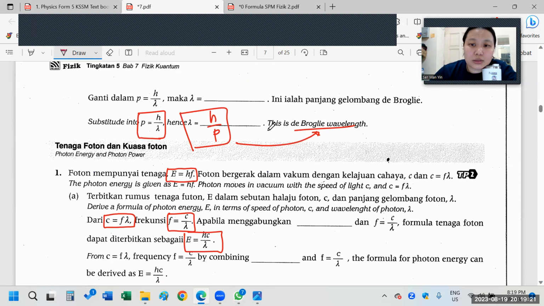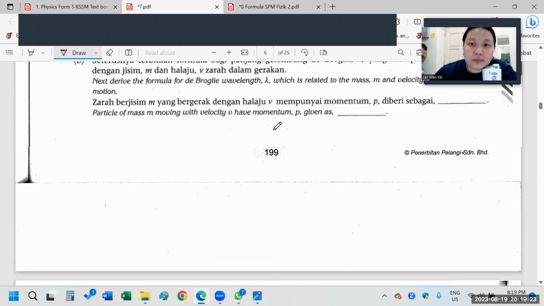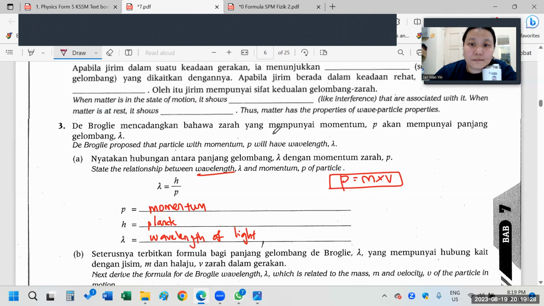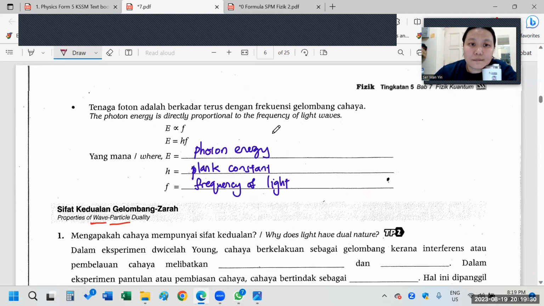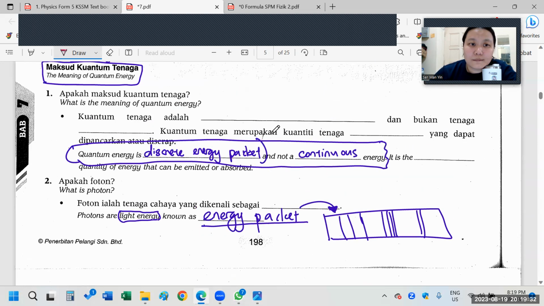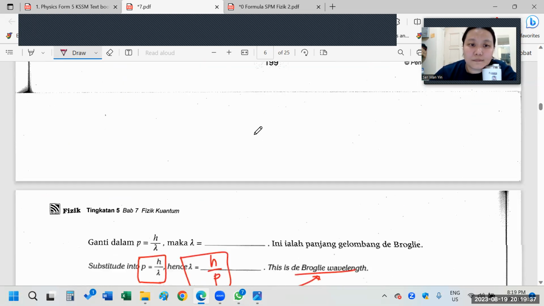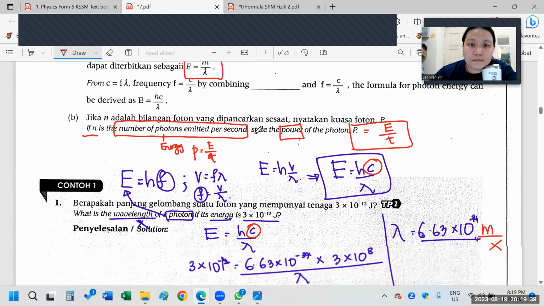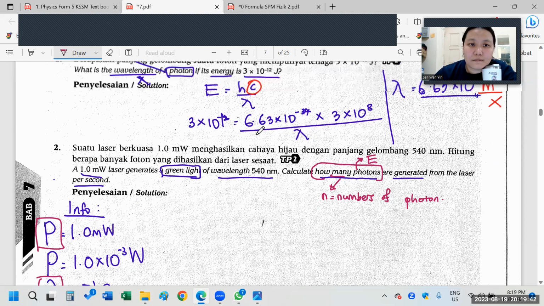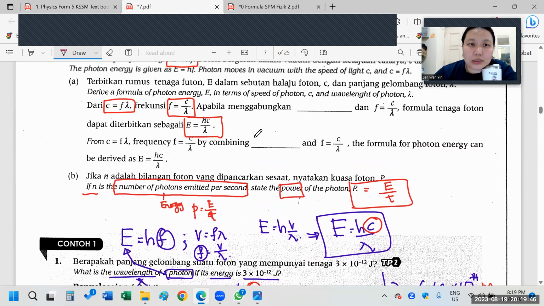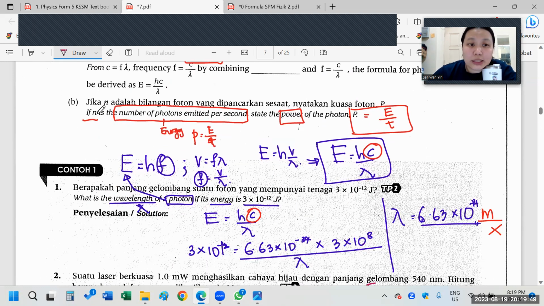Where is it? Here. If n is the number of photons emitted per second, state the power.